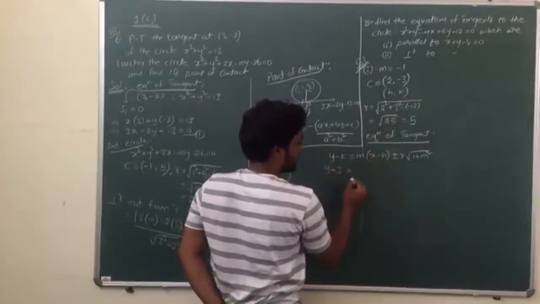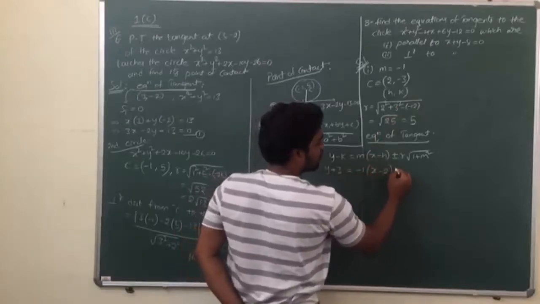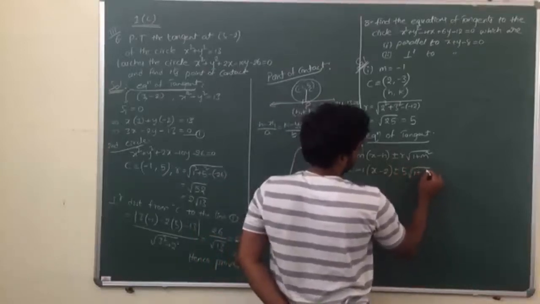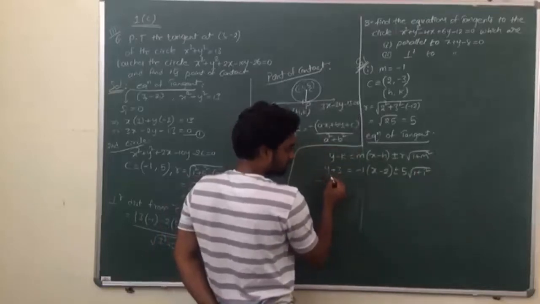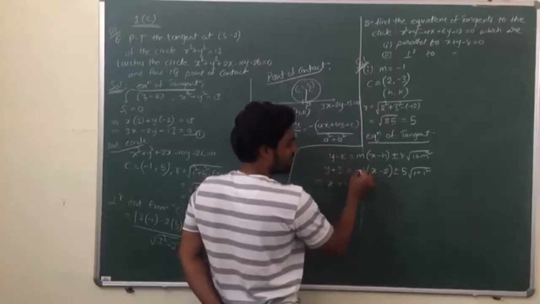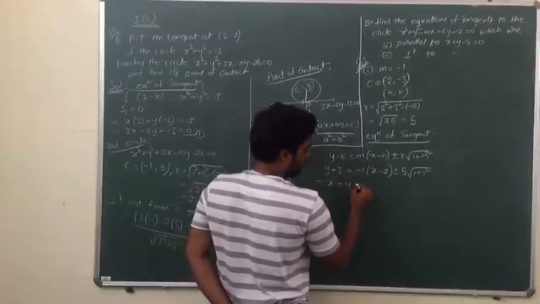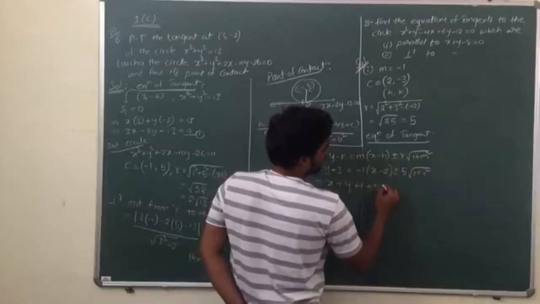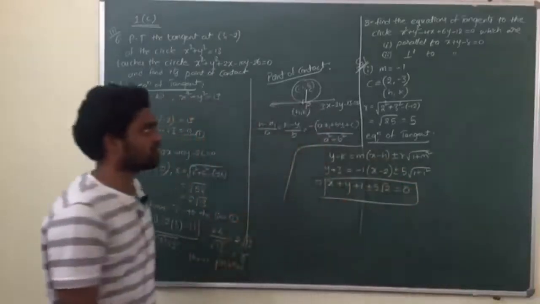So y plus 3 is equal to m into minus 1 into x minus h is 2 plus or minus r root, r means 5, under root 1 plus 1 square. So x plus y, 3 minus 1 into minus 2 plus 2, 3 minus 2, 1 plus or minus 5 root 2 is equal to 0. This is the equation of tangent.